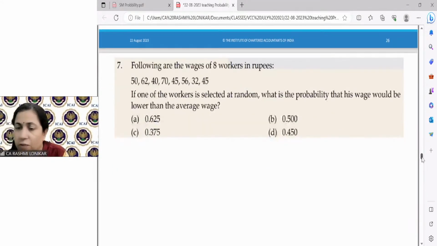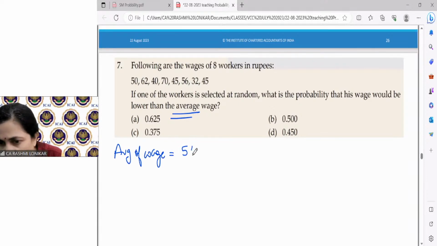Following are the wages of 8 workers in rupees. If one of the workers is selected at random, what is the probability that his wages would be lower than the average wage? Here they are saying average wage, so first I must find the average.